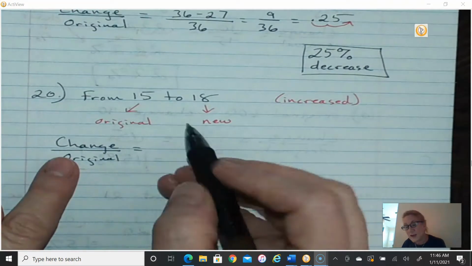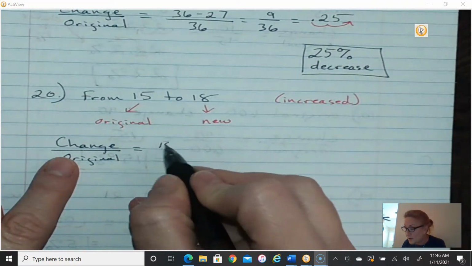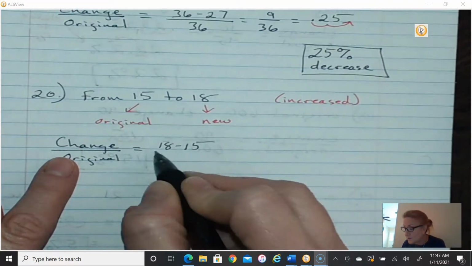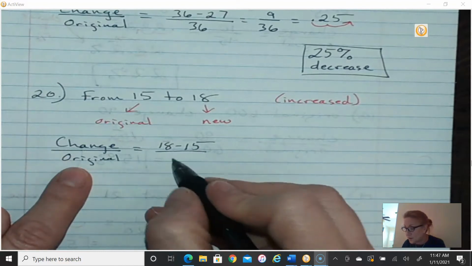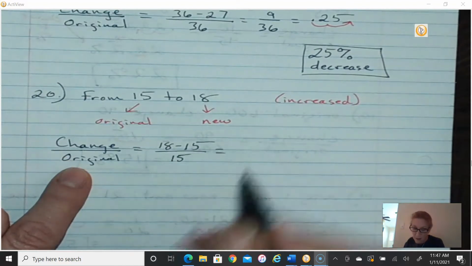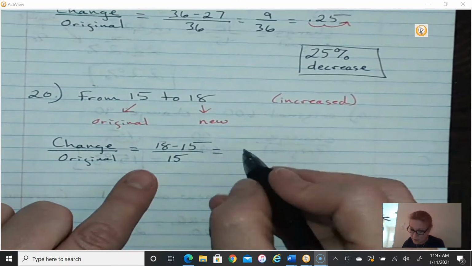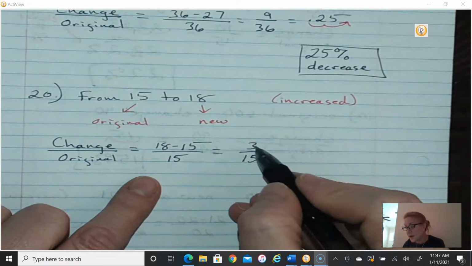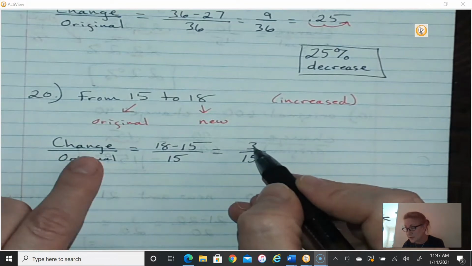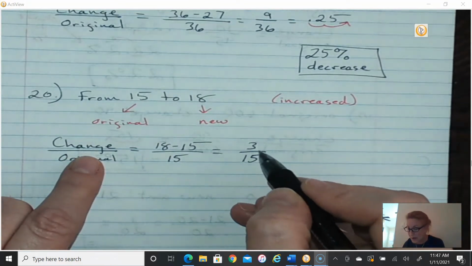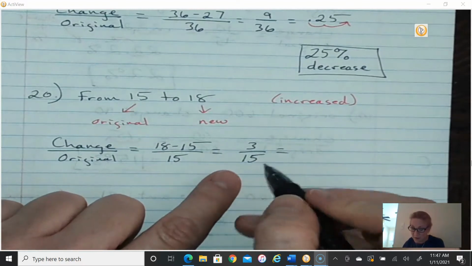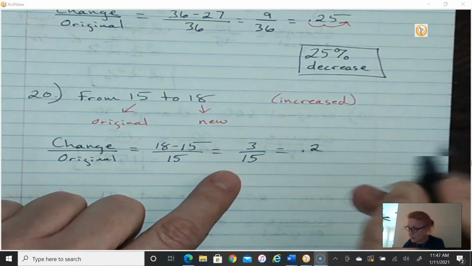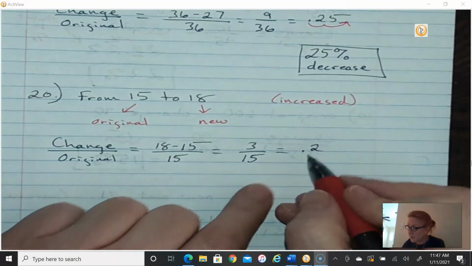Okay, so change. We're looking for the difference, so we're going to subtract the two amounts over the original. The original's 15. So if you subtract the 2, you get 3 over 15. So 3 is your change. If you divide the 2, you get 0.2. We have to change it to percent.